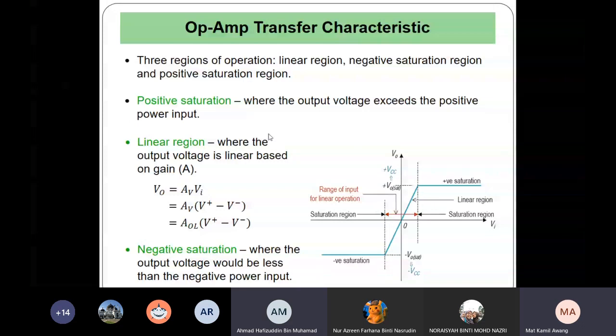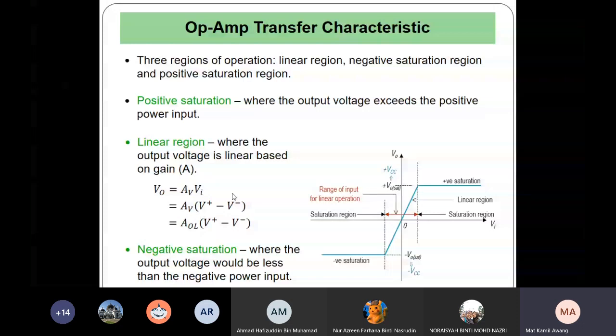For the linear region, the output voltage is linear based on the gain, where V out is equal to the gain times V in, and is equal to the gain times V plus minus V minus.